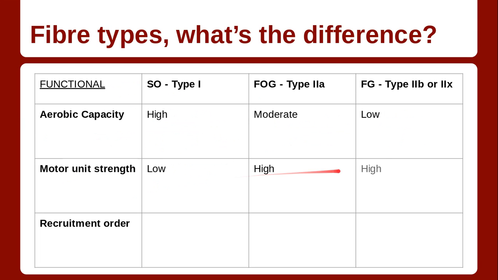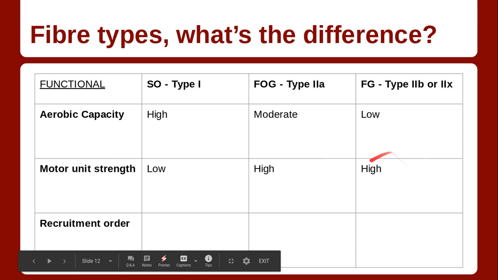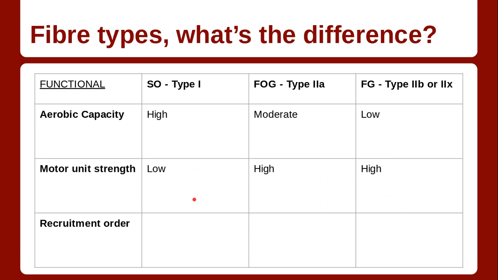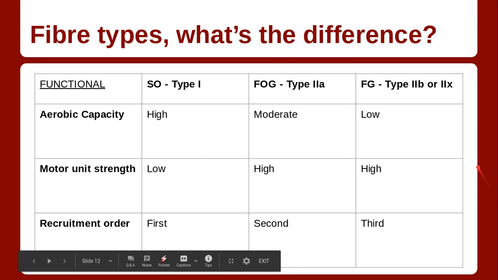Low, high, and high, because if we think about our power activities, these two are higher, and obviously continuous activities are going to be low. And then recruitment order, and by that we mean in what order we use these different fibers. Our type 1 would be first, 2A second, and 2X third. And I'll give you a bit of a scenario to put that into context a little bit later on.